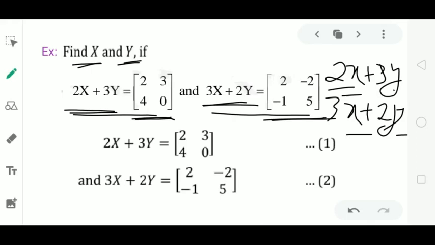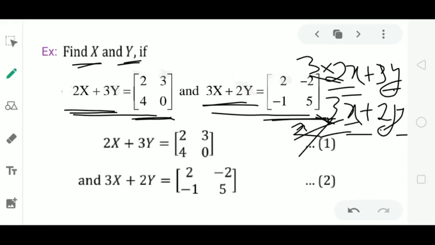Here the coefficients of x and y are different in both of the equations. So to make them the same, I multiply 3 to equation 1 and 2 to equation 2. 2 into 3 is 6, 3 into 2 is 6.